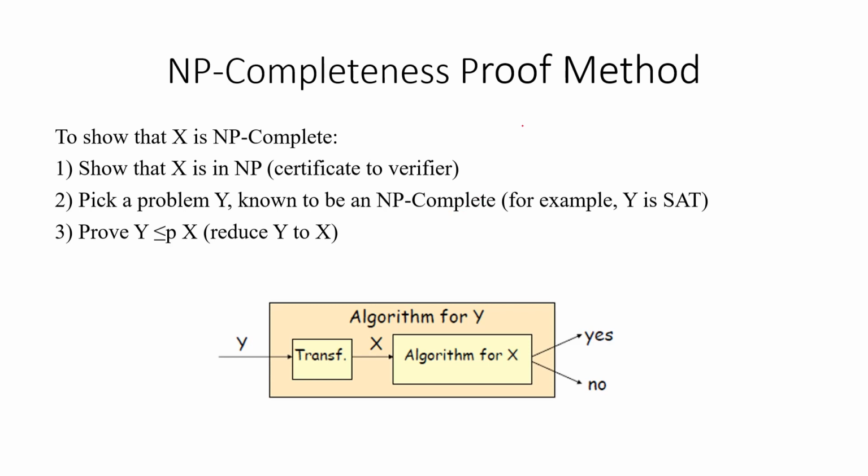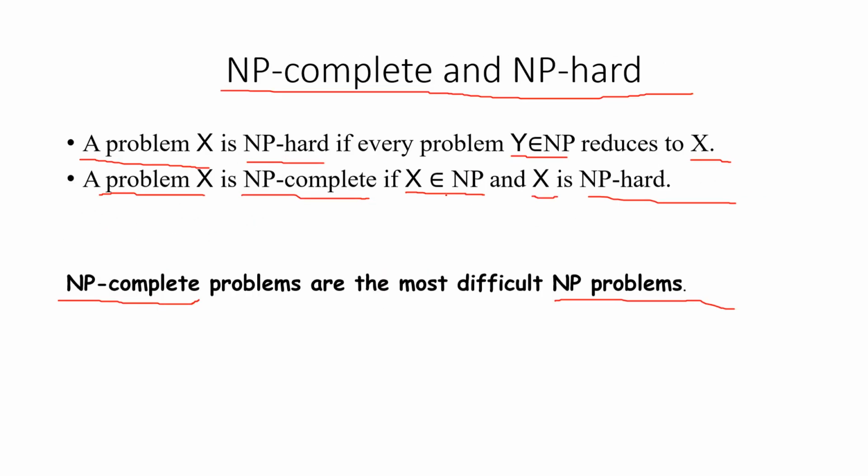So here is a way to show that some problem X is NP-complete. If we take a look at the definition of NP-complete, it says that if X is in NP and if X is NP-hard, then we can say that it is an NP-complete problem.